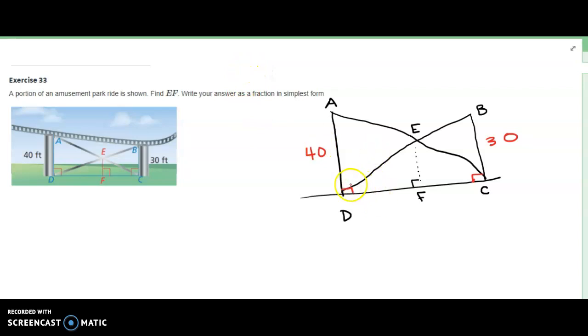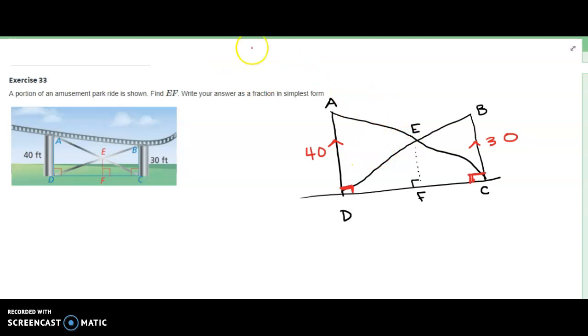All right, so because I have a right angle here and a right angle over here, that tells me that AD is parallel to BC. Okay, so I know AD and BC are parallel.